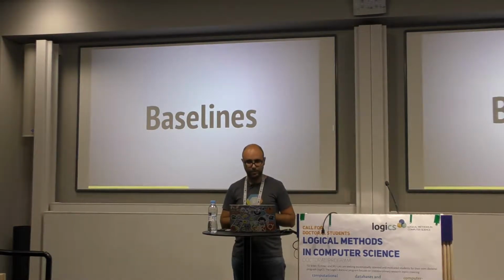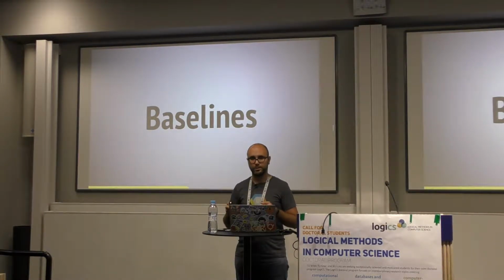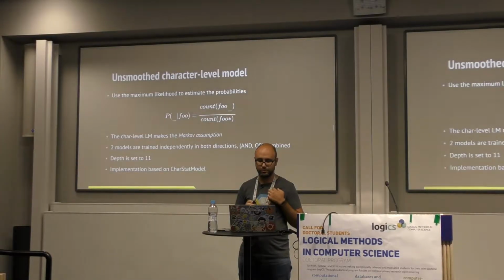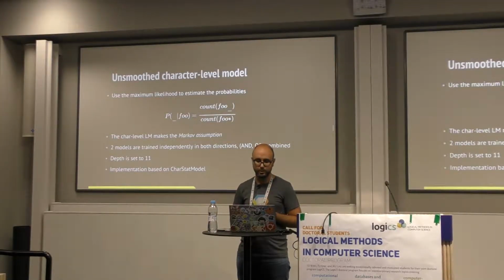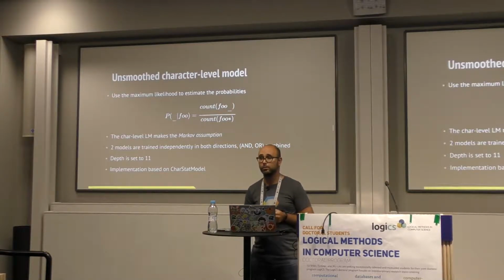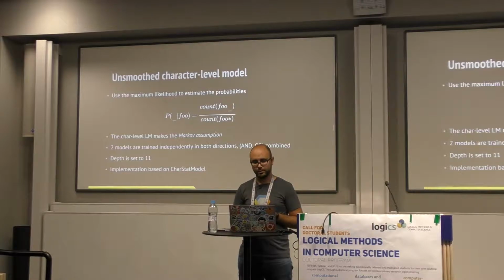All right. And once we have the dataset, we start training baselines because we want to compare our proposed model to a number of solutions which are supposedly not so good. So the first baseline which we trained is a smooth character level model. It's pretty basic.